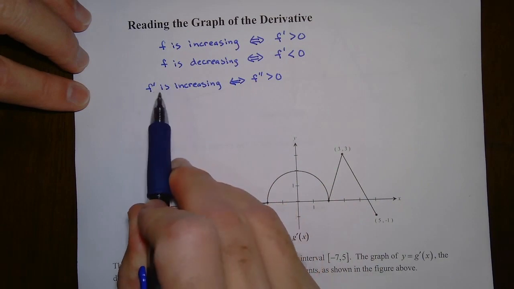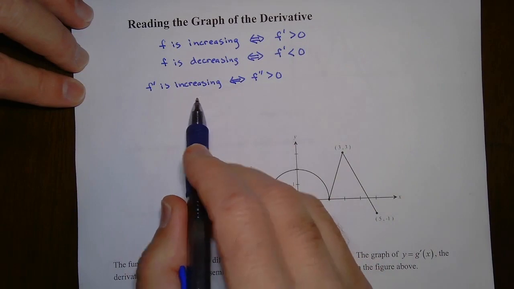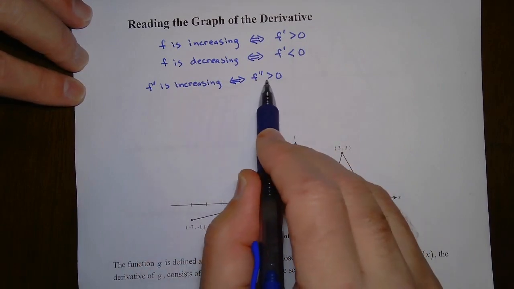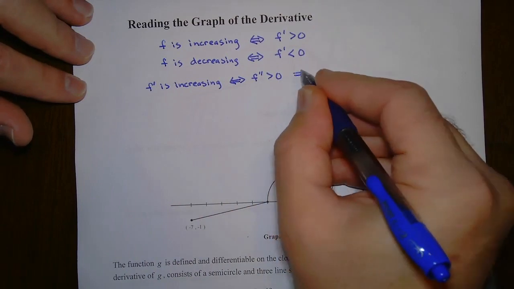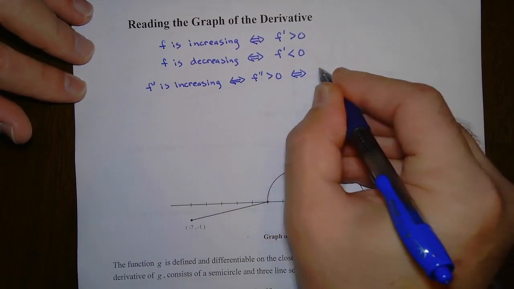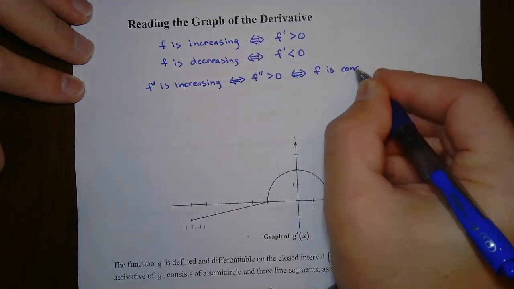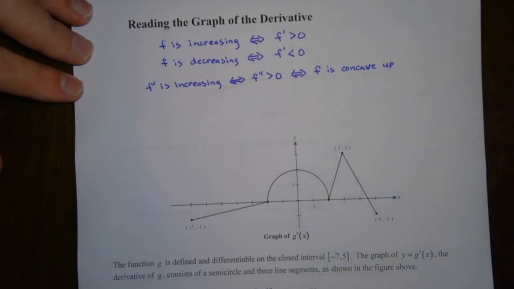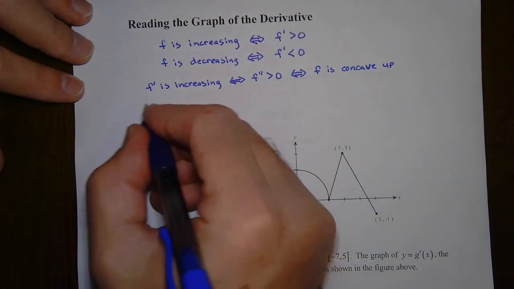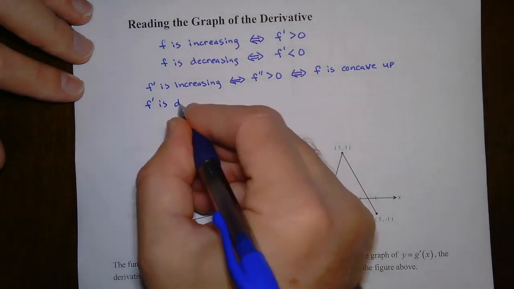So if we're looking at the graph of f prime and it's increasing, that's telling us f double prime is greater than 0, which in turn tells us something about f, and it would tell us that f is concave up, all right?